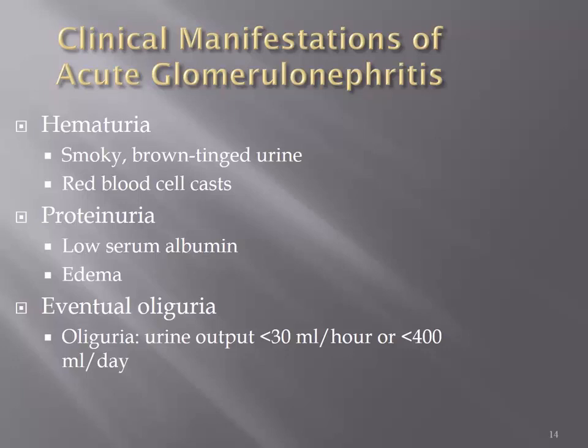But when in the past we were studying oliguria as a sign that just needs to be reported to a physician, in this class we need to know that it's a manifestation of glomerulonephritis. So basically, colloquially, you can say, yes, the kidneys are shutting down.